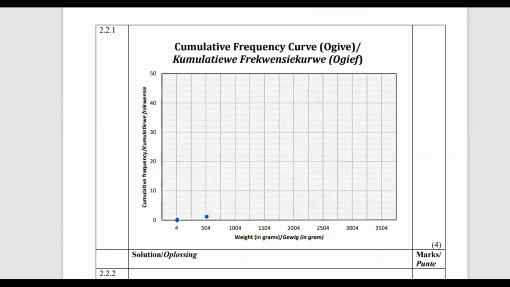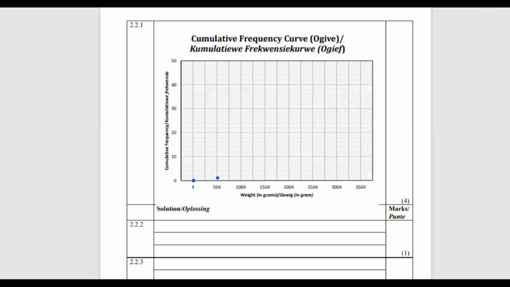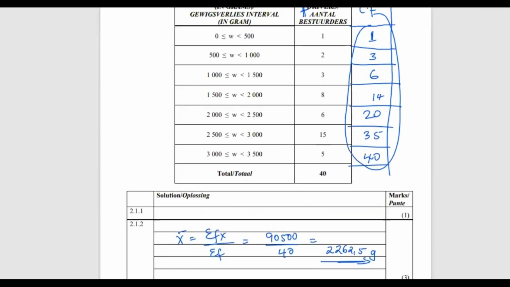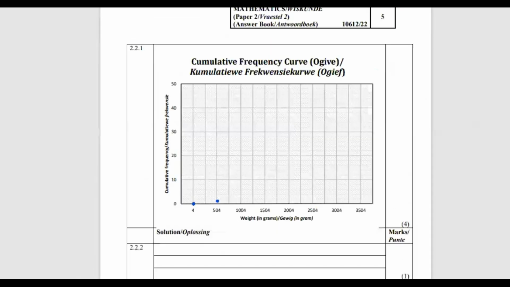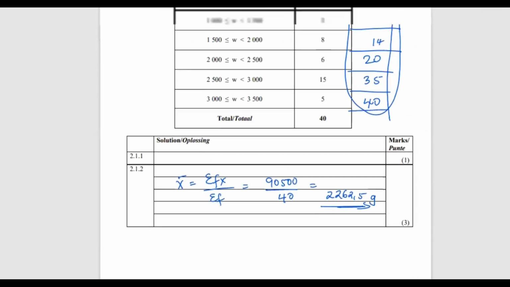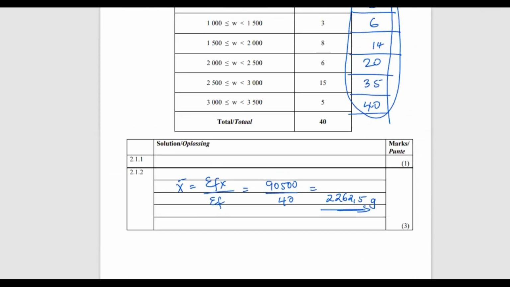Let me just reduce this so that I can see nicely. It's a 3, 6, 14. So that is a 1. We need a 3, 3 somewhere there. 6 is somewhere there, and then 14 is somewhere there. Then from the 14, we have 20, 35, 40.